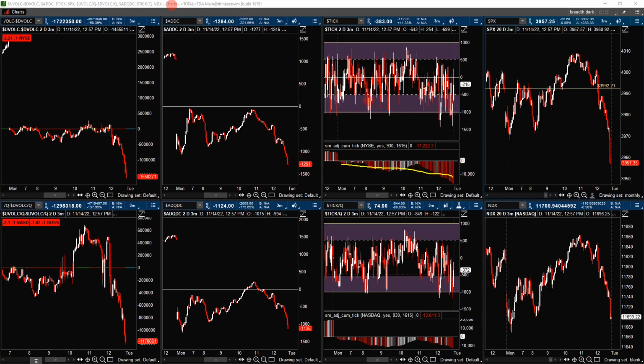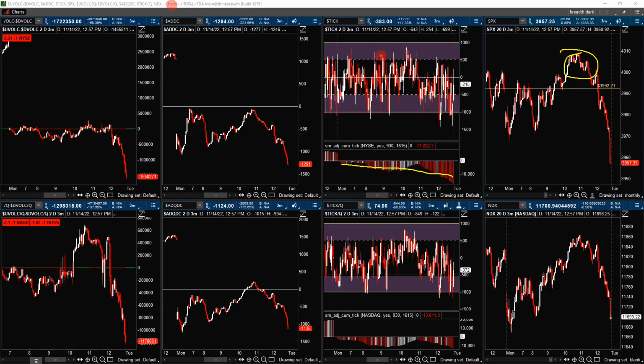You see this is all negative. In other words, there are more down ticks than up ticks. So although the index might be up because it's being lifted by some high-cap tech stocks or whatever that might be, there are very few stocks actually lifting the market. And also there is more selling than buying.